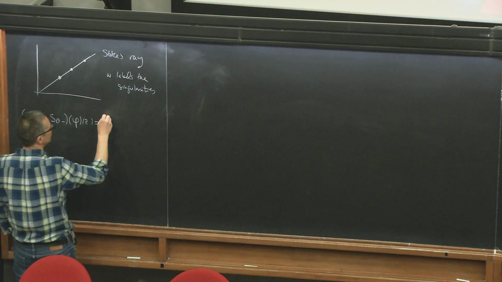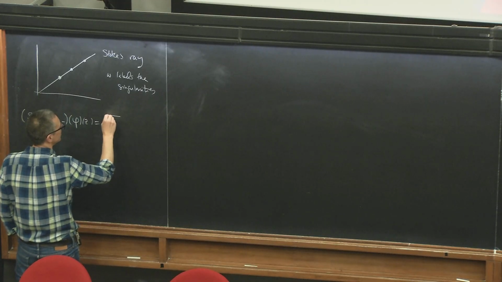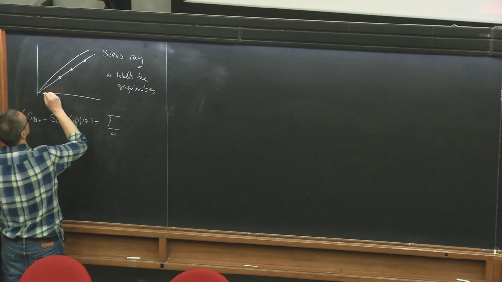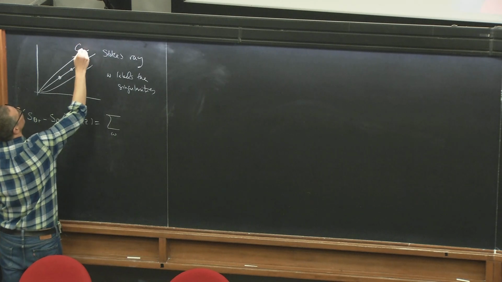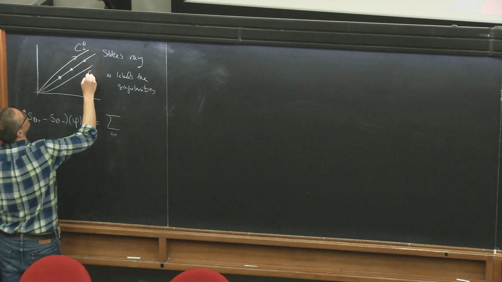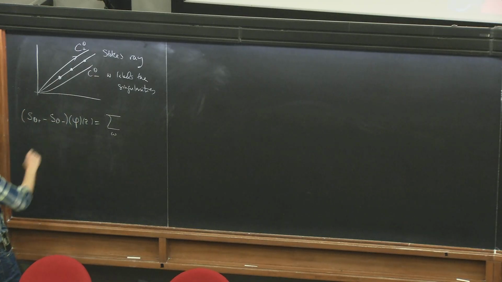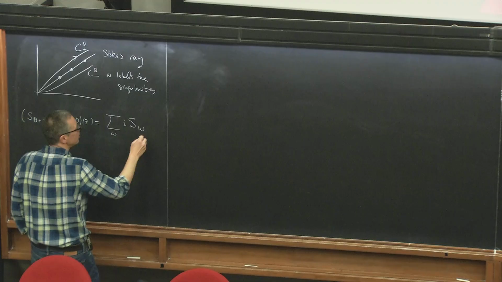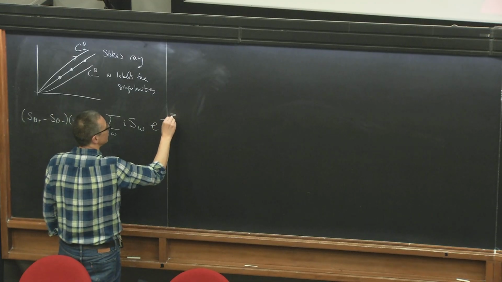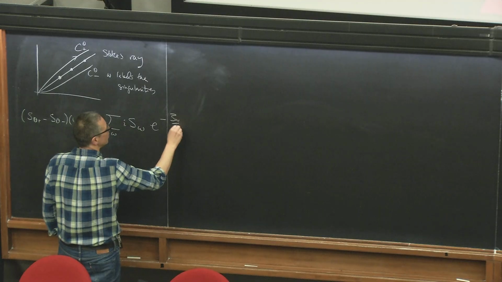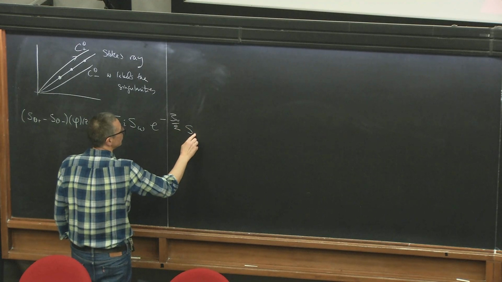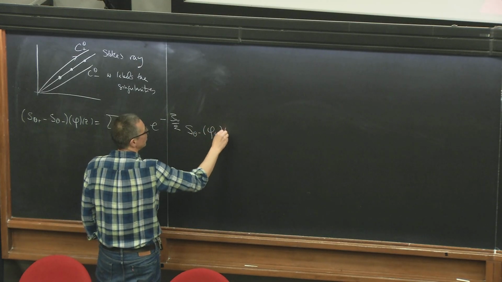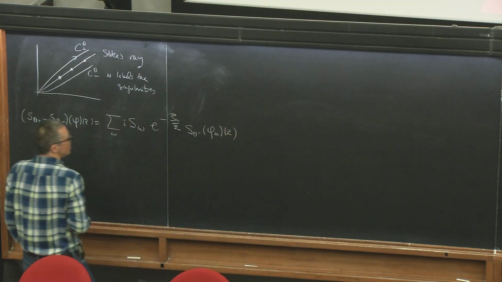I think yesterday I only wrote what happens when you have a single singularity. Remember that we are computing the difference between resummations along these two paths. The formula that we get is something like this. This is the Stokes constant. Then you have the location of the singularity, and then you have the resummation of phi omega of z.